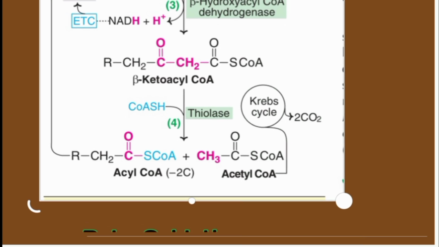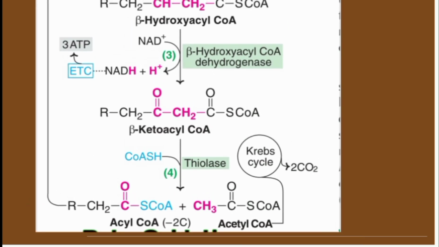After that, the beta-ketoacyl-CoA is split into acyl-CoA and acetyl-CoA. The acetyl-CoA moves into the Krebs cycle and passes through the whole process of the Krebs cycle to release energy, while the acyl-CoA goes back into this cycle again, until the acyl-CoA is completely degraded. So this is beta oxidation and all the steps of beta oxidation.